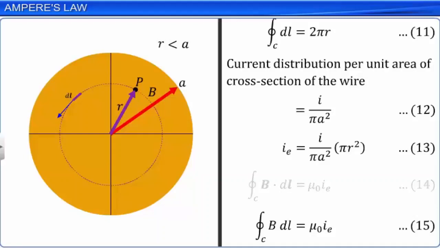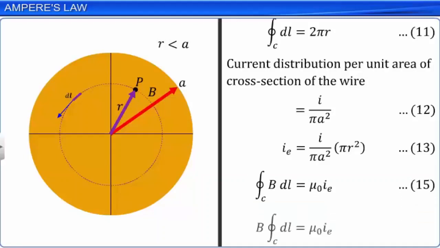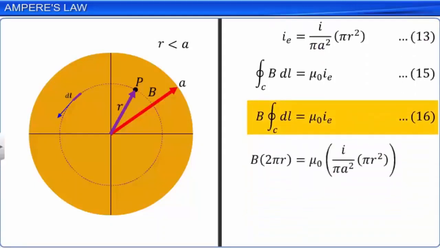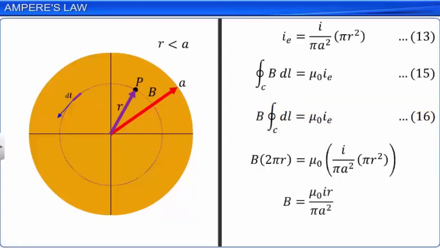Then, B into integral over the closed curve C dl is equal to mu naught IE. Let this be equation 16. Substituting equations 11 and 13 in equation 16, we get B into 2 pi r is equal to mu naught into I by pi a square into pi r square. On further simplification, we get B is equal to mu naught I r by 2 pi a square.